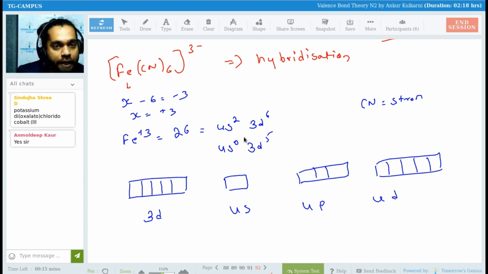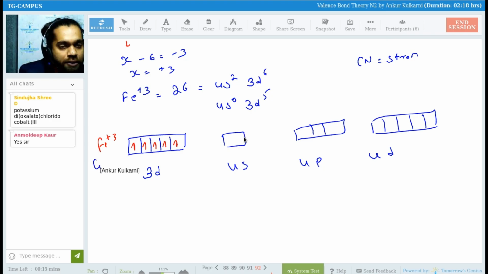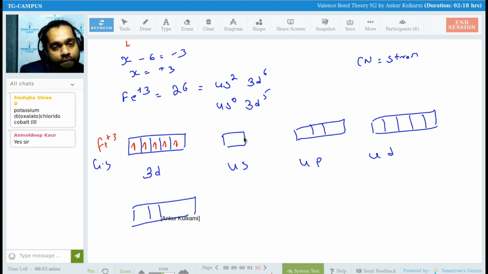So now what do I have? 5 electrons, so that will pair. So I have 5 electrons, that is the ground state of Fe plus 3. Okay, this is a little bit of an exception, I will tell you. This is the ground state. In the excited state, what will happen? All of them will pair. So 1, 2, 3, 4, 5.